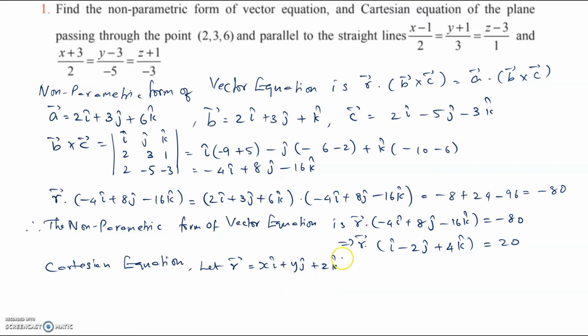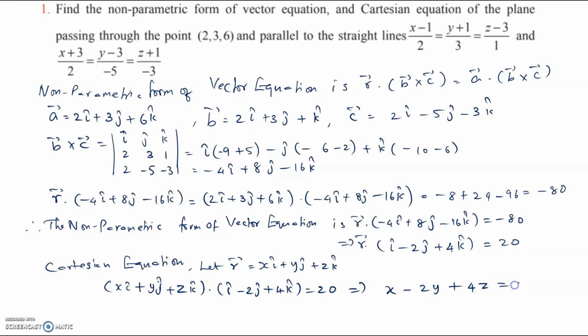So replacing this in the non-parametric form of equation, you get (xi cap plus yj cap plus zk cap) dot product with (i cap minus 2j cap plus 4k cap) is equal to 20. Further simplifying this will be x minus 2y plus 4z is equal to 20. That's the required equation.